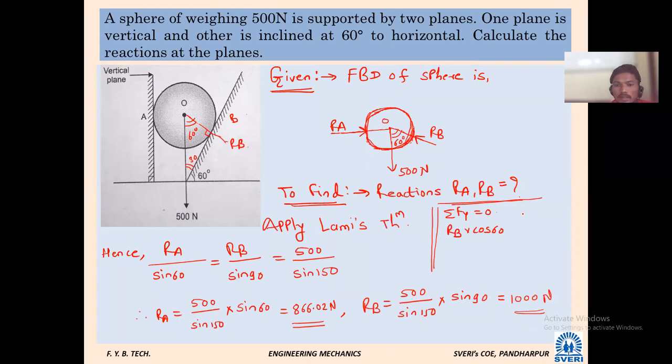Cos 60. RB cos 60 minus 500 equal to 0. Just check what value of RB is coming. 500 divided by cos 60.